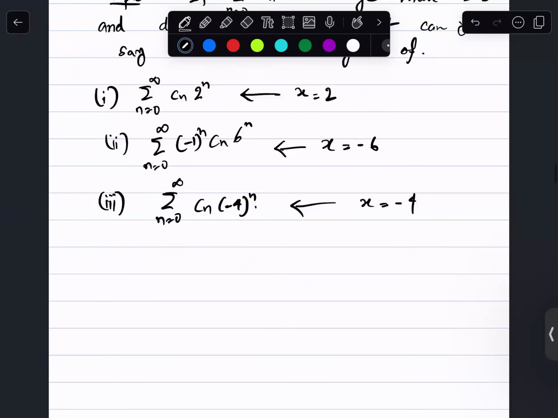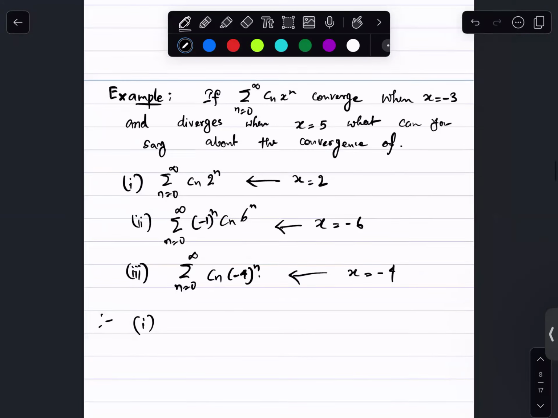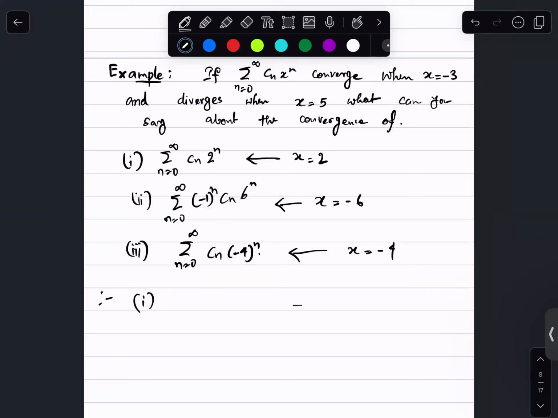Okay, so about the first one. If I try to guess what the interval and the radius of convergence will be for the series c_n x^n, I know that 0 is the center of the series, and I also know that when x equals -3, the series converges.